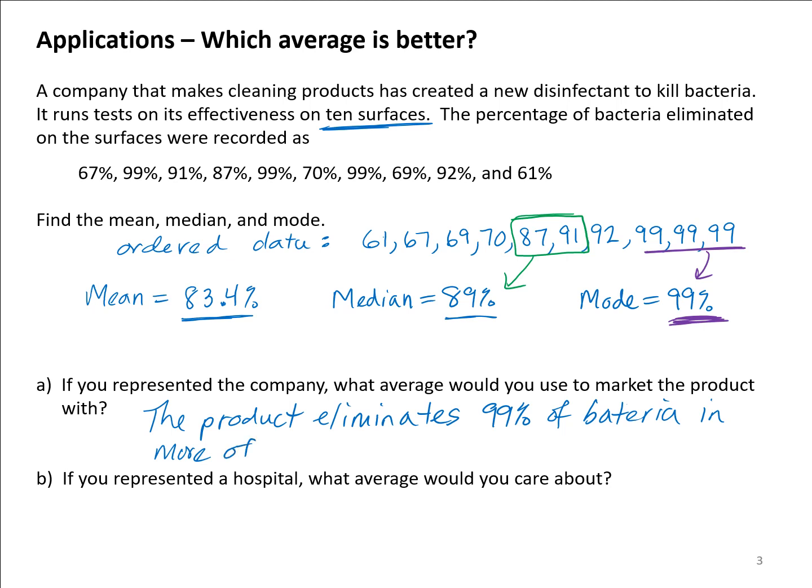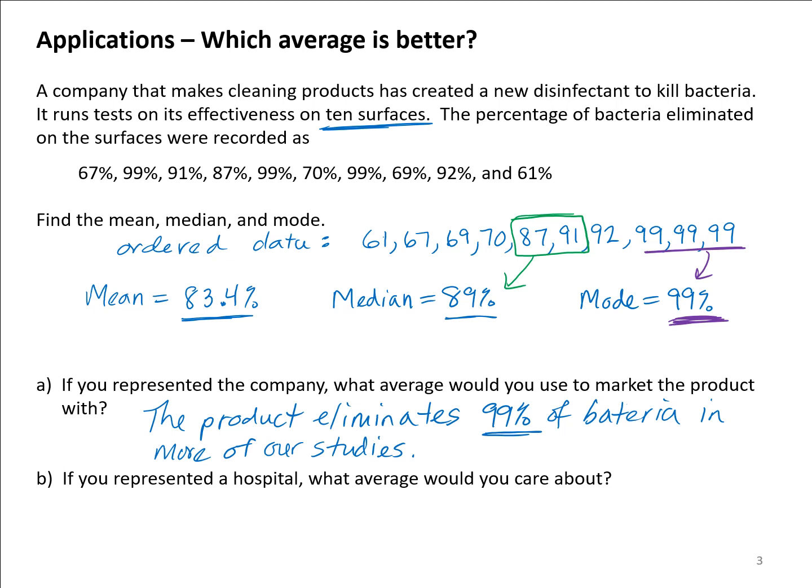You might say, in more of our studies, or in most of our studies, it eliminates 99% of the bacteria. So you're using an average, but you're still being honest. So there's nothing wrong with saying this. In more of our studies and most of our studies, it eliminated 99% of the bacteria. So that certainly is the case here.